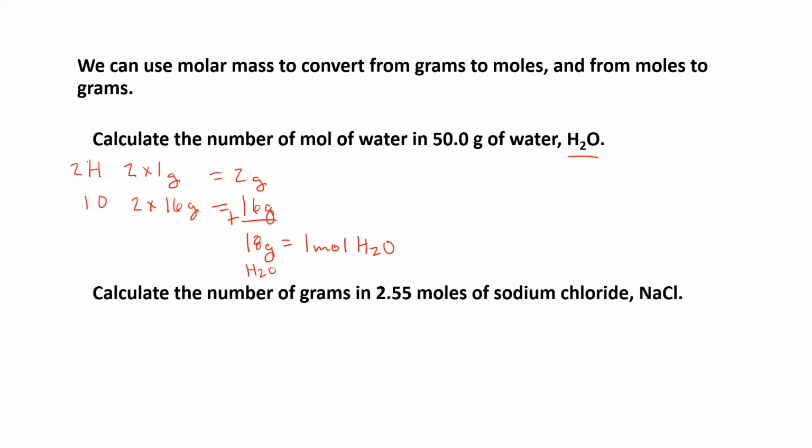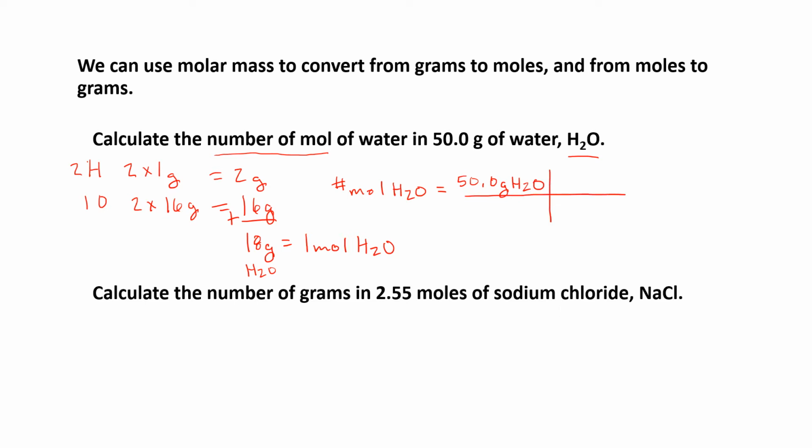And so I can use this as a conversion factor. So let's check out how this sets up. I'm looking for number of moles, right? So the number of moles of H2O is simply going to equal what I'm given, 50.0 grams of H2O. I'm going to draw me a cross here.